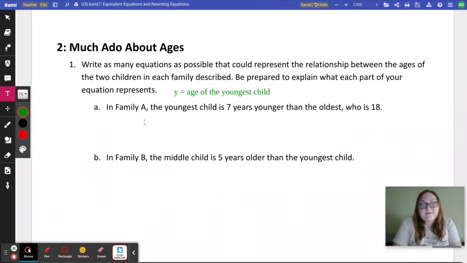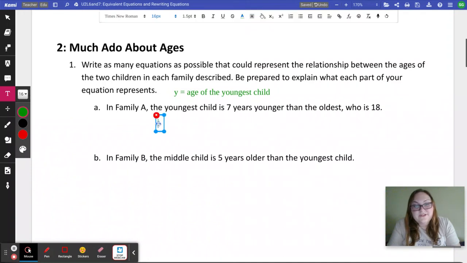When we go to come up with our equations, remember we said there's multiple equations you can come up with. Some people see the word younger here and they think of subtraction. One of your equations might be, well, that oldest child is 18, and I would have to subtract 7 to find the age of the youngest child. And there's our Y right there.